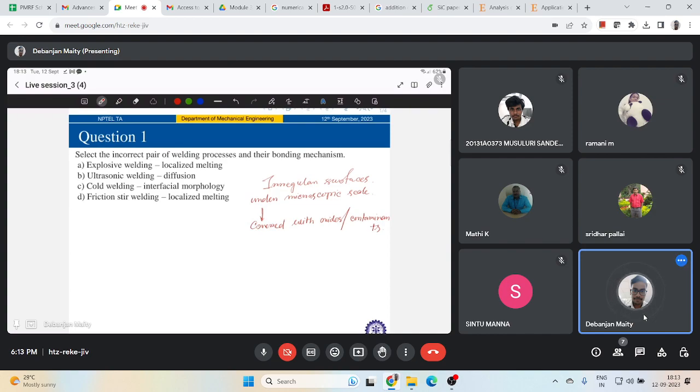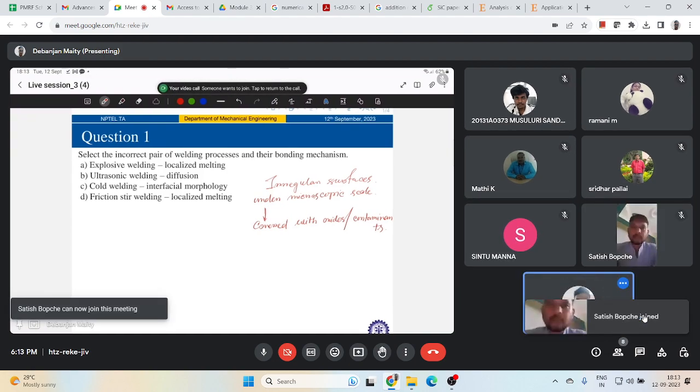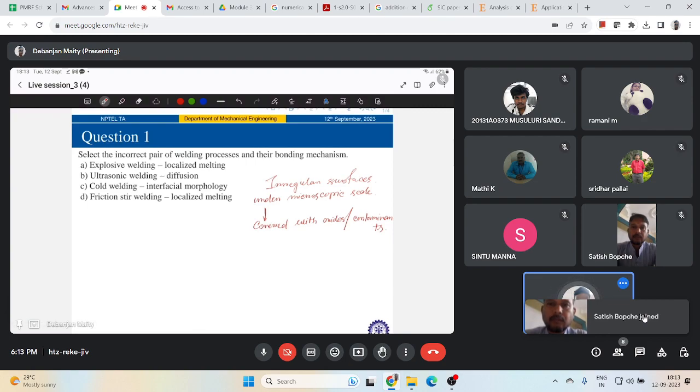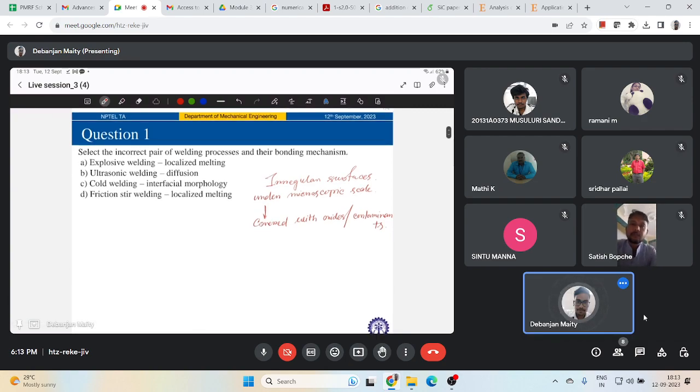So what happens in explosive welding? If we try to draw a schematic of explosive welding, let us say this is my flyer material.